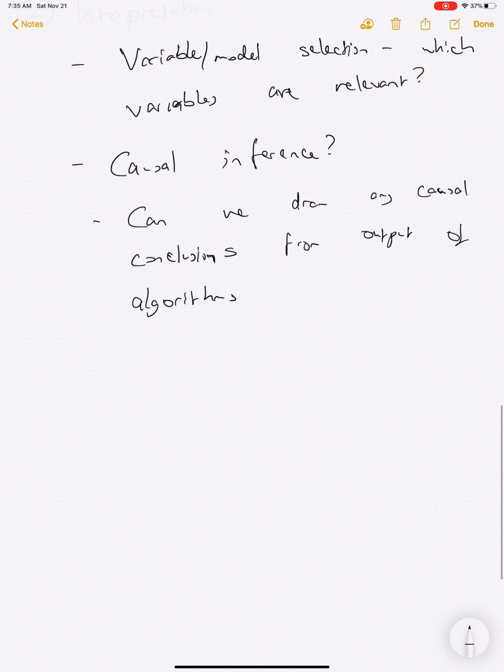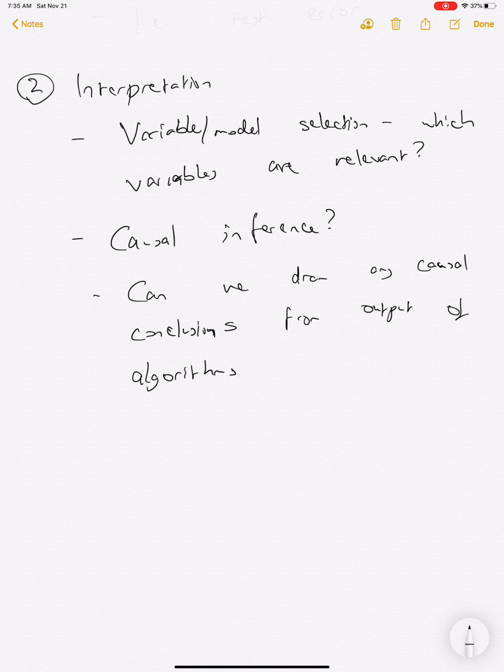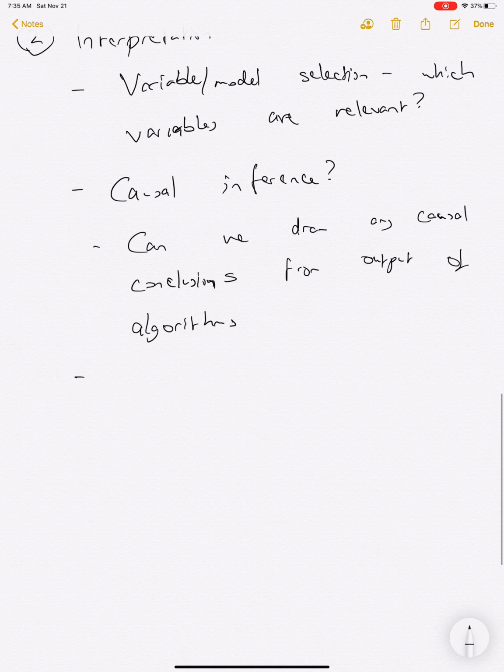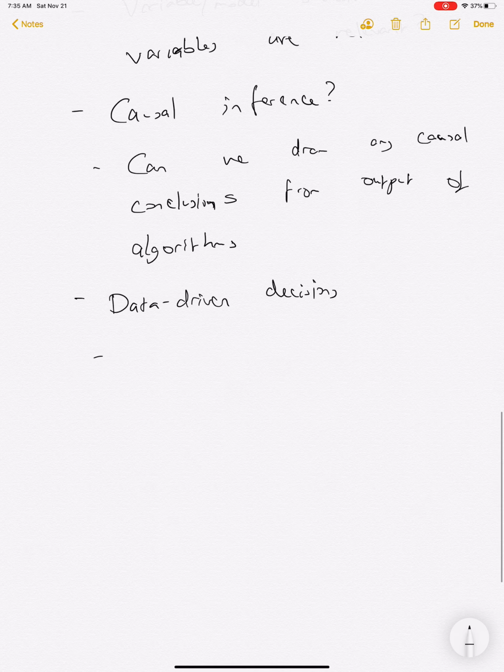And another thing this ties to is data-driven decisions. What decisions can we make based on outputs of algorithms?